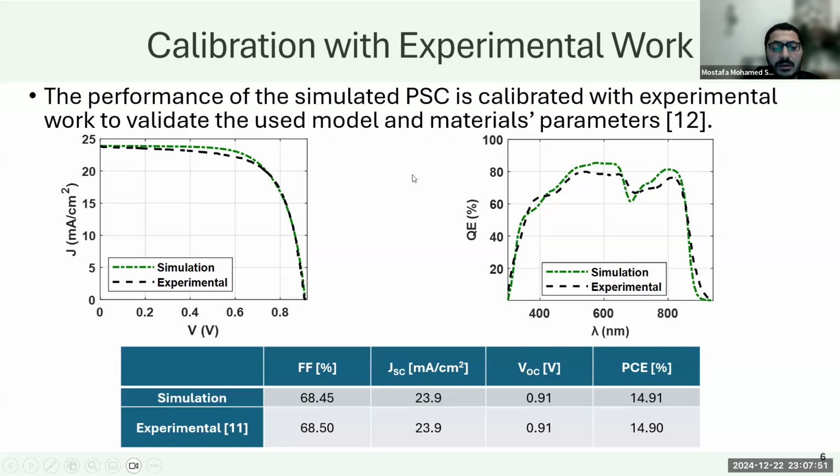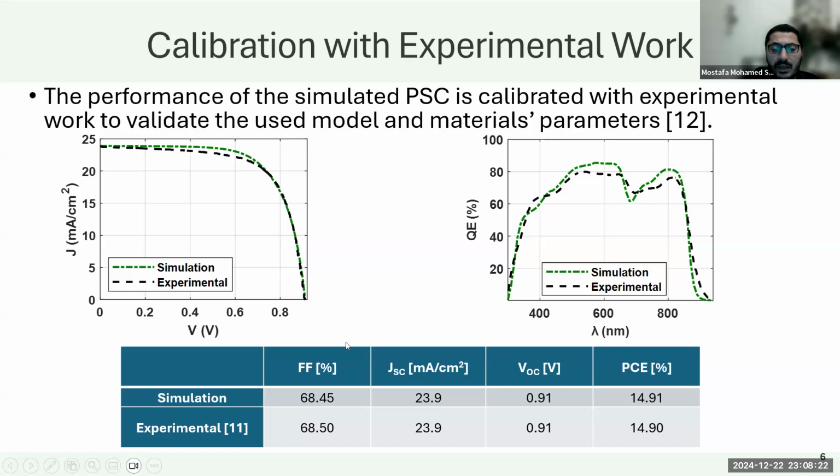The results of this cell using SCAPS 1D, the JV curve, the green curve is extracted from the simulation, and the black curve is from the experimental work. Also, the external quantum efficiency is compared in this figure.